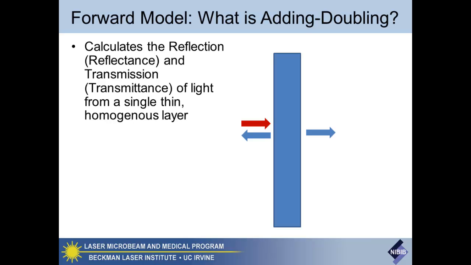So that's just a little refresher on general concepts of forward models using inverse solvers and which directions they go. To give a general description of the adding doubling method, what it does is it calculates the reflection, or I'll be referring to it as reflectance, and transmittance of light through a single thin homogeneous layer.